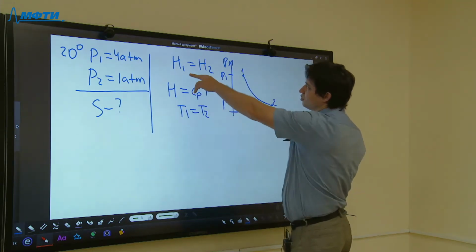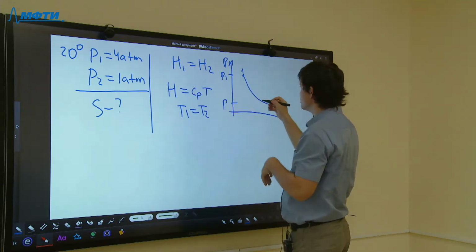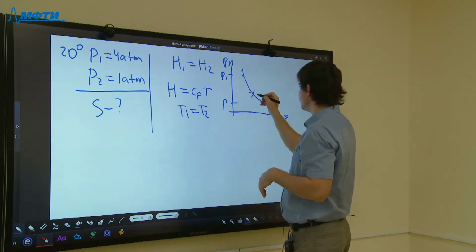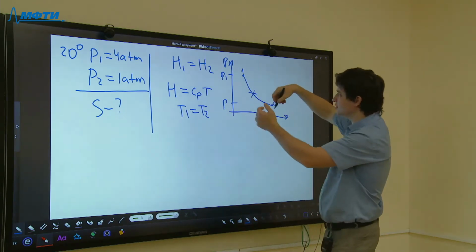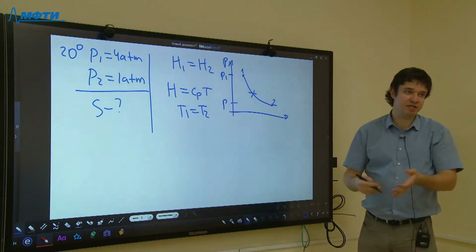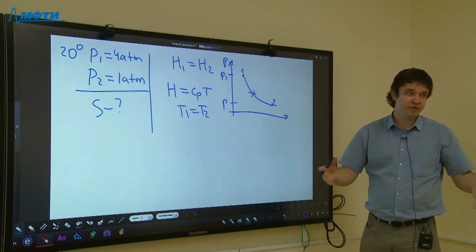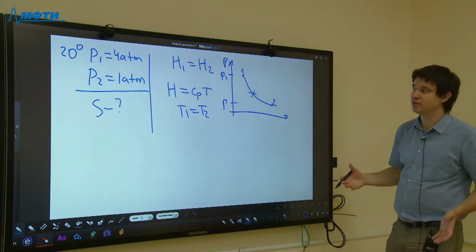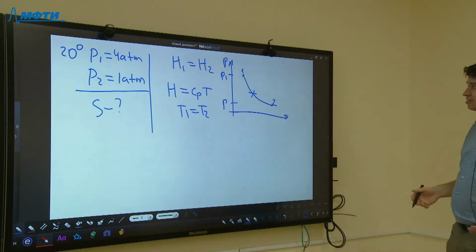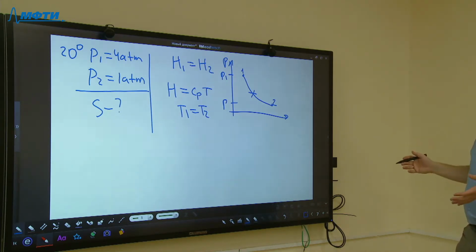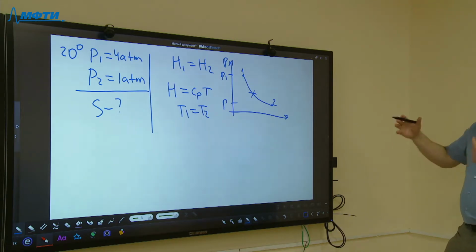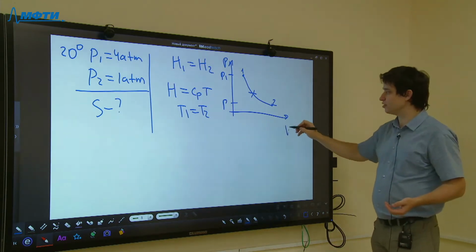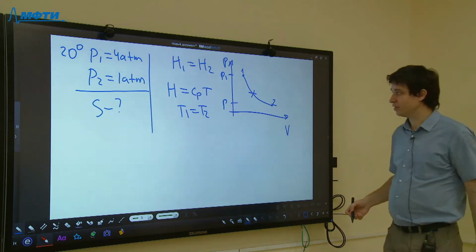No, it's not an isothermal process, moreover, it's an irreversible process, so I cannot connect these 2 points with this line, because I'm not doing any kind of reversible isothermal expansion. I do something else. I do gas throttling. So as you know, I cannot plot a curve on the PV diagram corresponding to such a process, because it's irreversible.